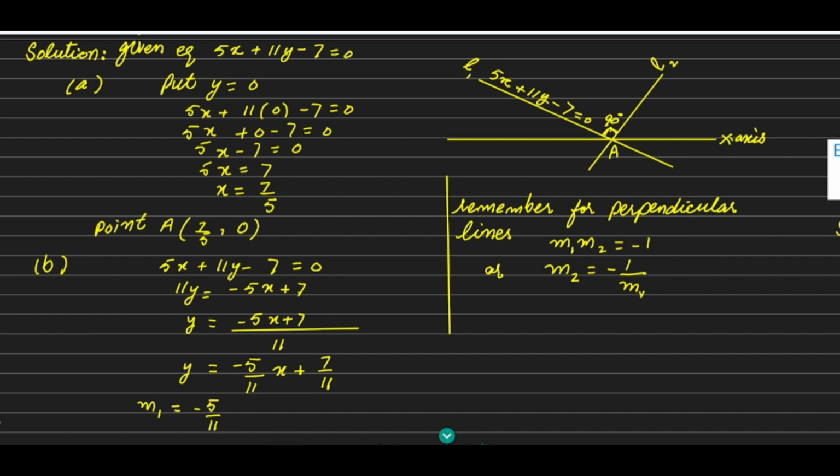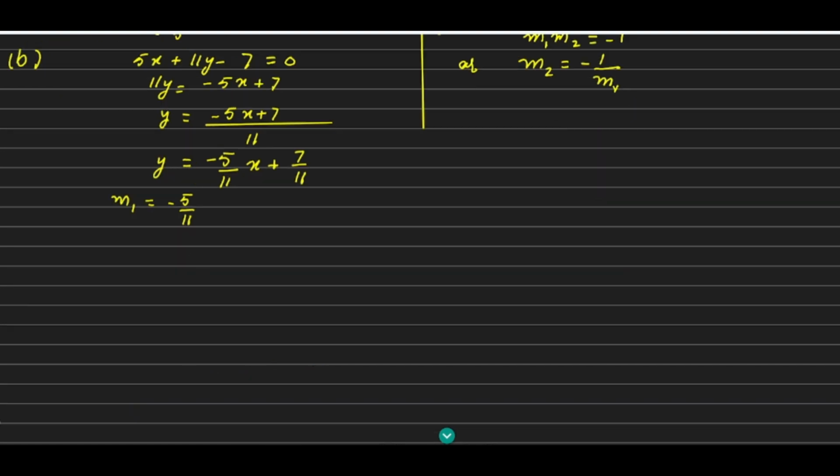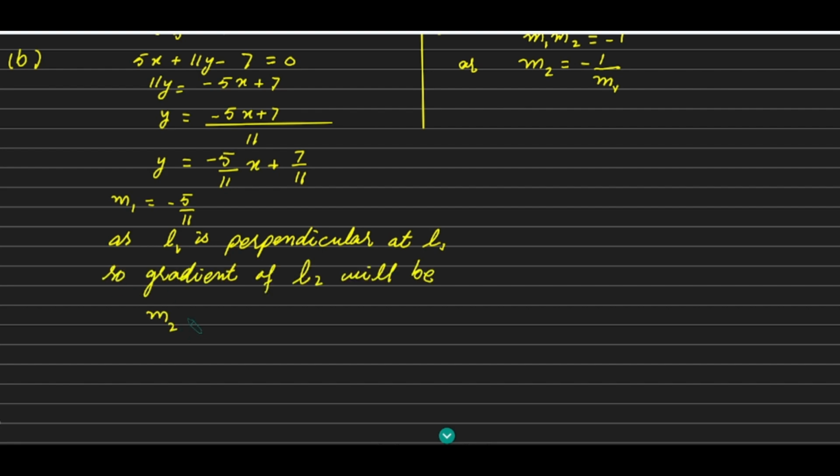Now to find the gradient of line 2, as we know L2 is perpendicular to line 1, the gradient of L2 will be m2 equal to minus 1 over m1, which is minus 1 over minus 5 over 11.